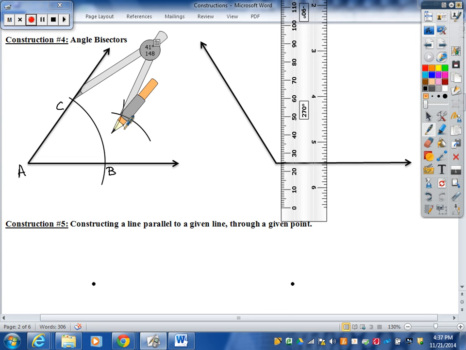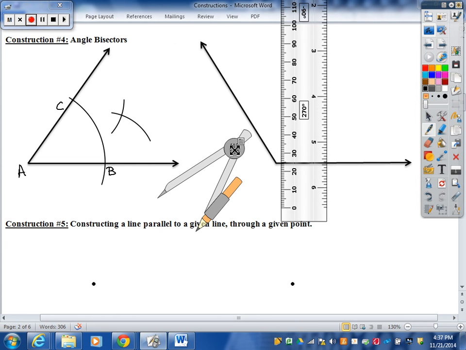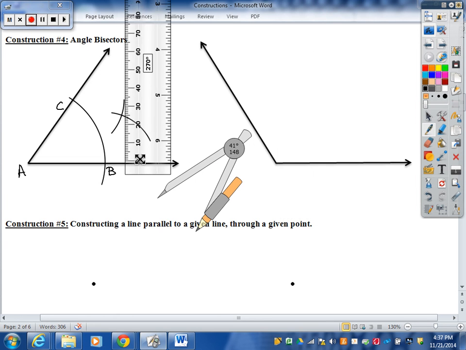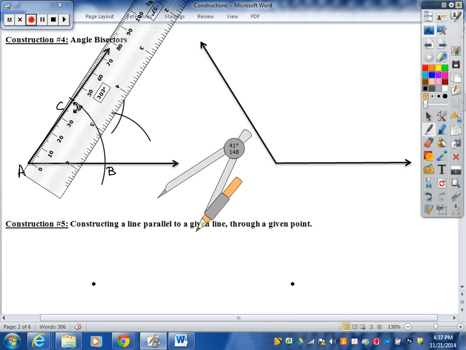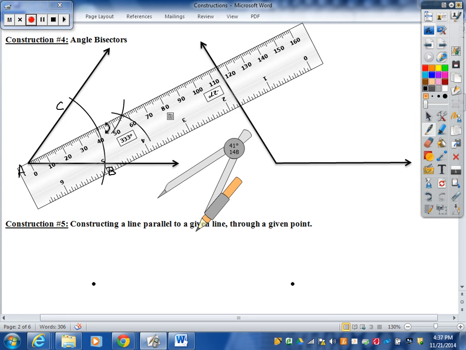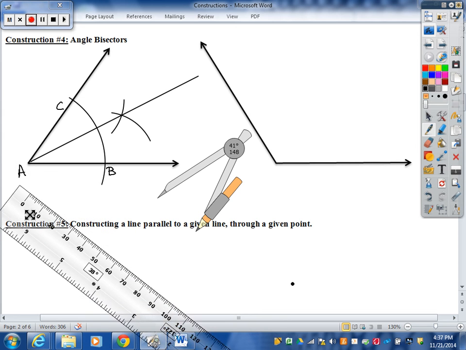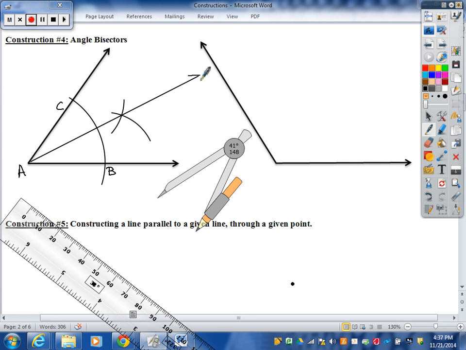All right. Now, I'm then going to connect the vertex of my angle to those intersecting arcs. And that right there is the bisector of angle A, okay?